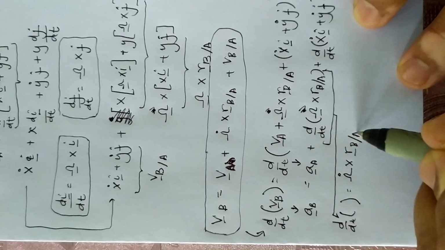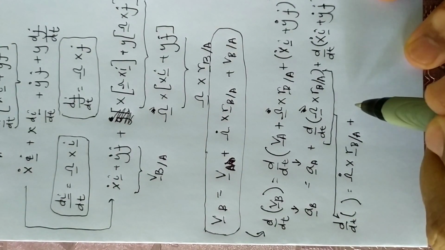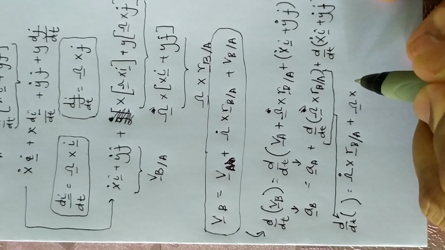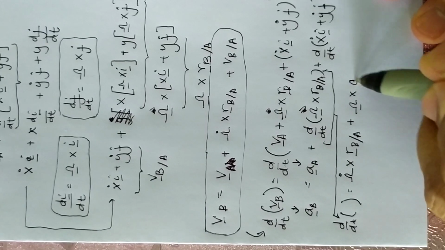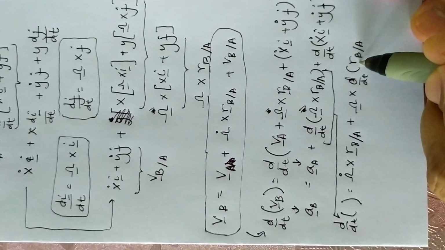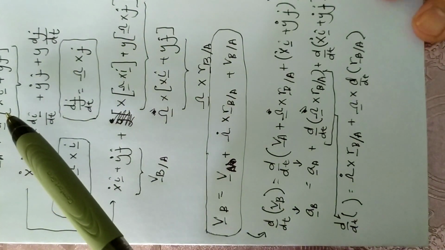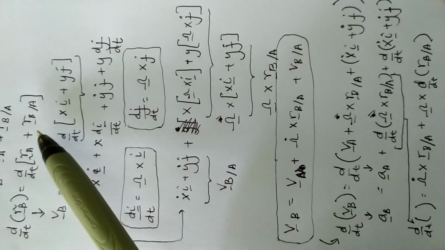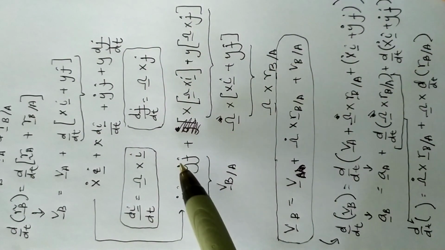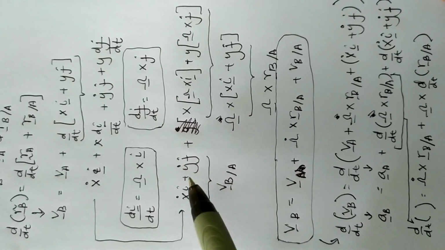position vector of B relative to A, and then we have to do that in turn. Then we have omega cross the position vector, d over dt of the position vector of B relative to A. We have done this before, d over dt of xi plus yj, and what we have is two terms.